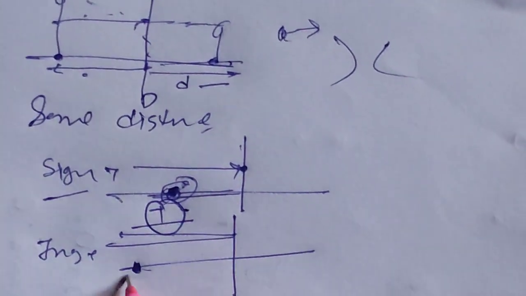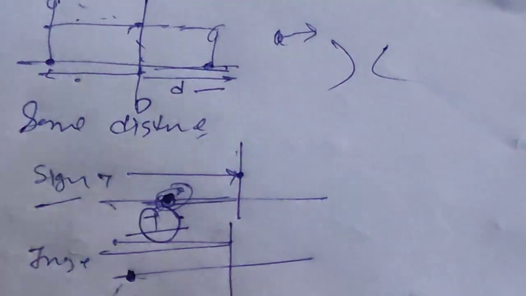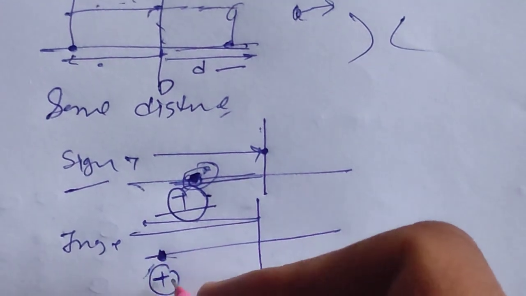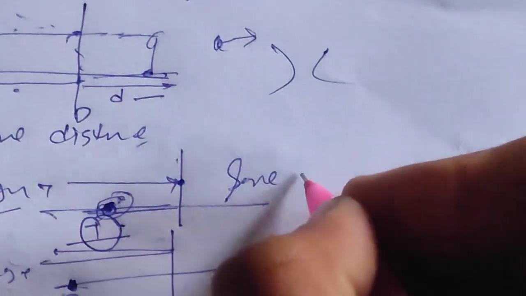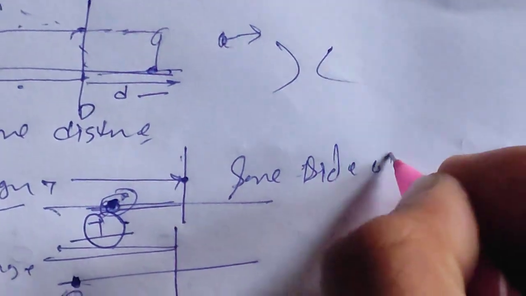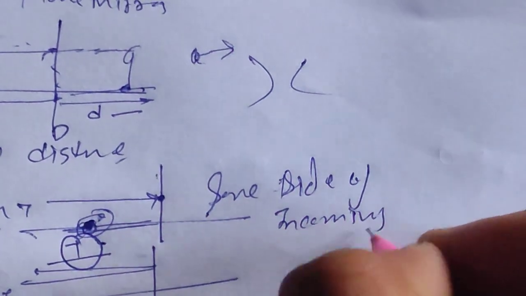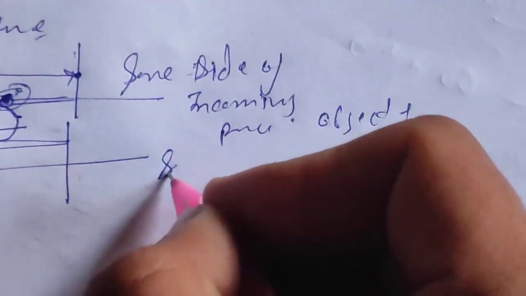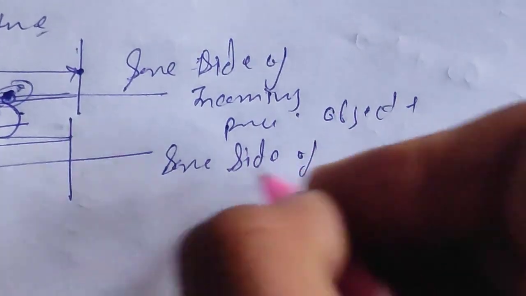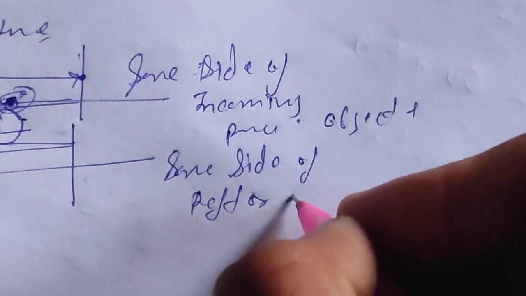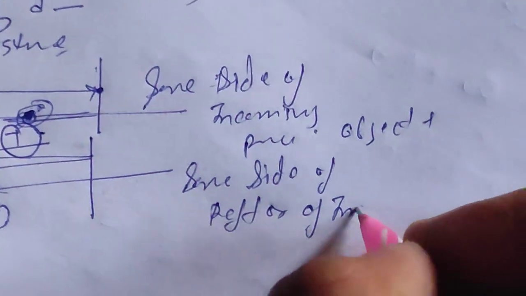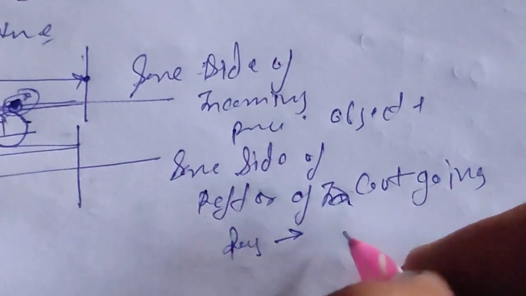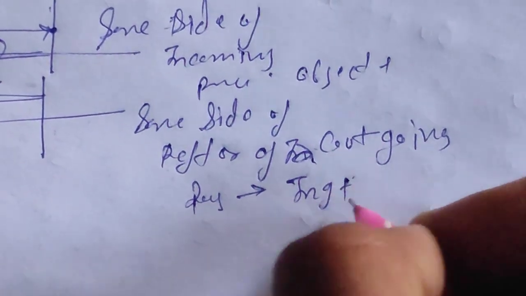Okay, if the image is on the same side as the outgoing light of the reflecting surface, in that case the image distance becomes positive. So the same side as the incoming ray, the object is positive; the same side as the outgoing ray, the image is positive, otherwise negative.